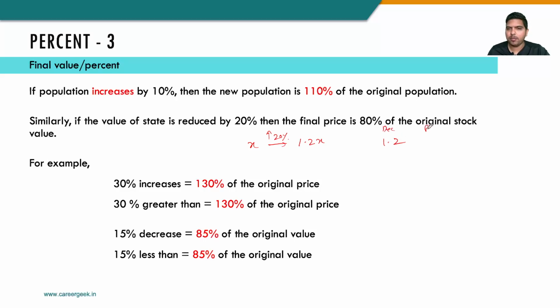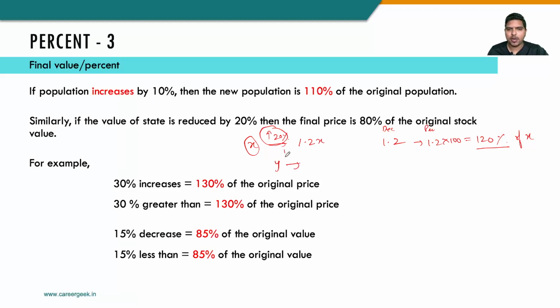If I have to convert to percentage, I need to multiply by 100. So 1.2x is 120% of x, right? If you observe keenly, if a value is increasing by 20%, the final value becomes 120% of that value. That's exactly what they are saying: if population increases by 10%, the same way.